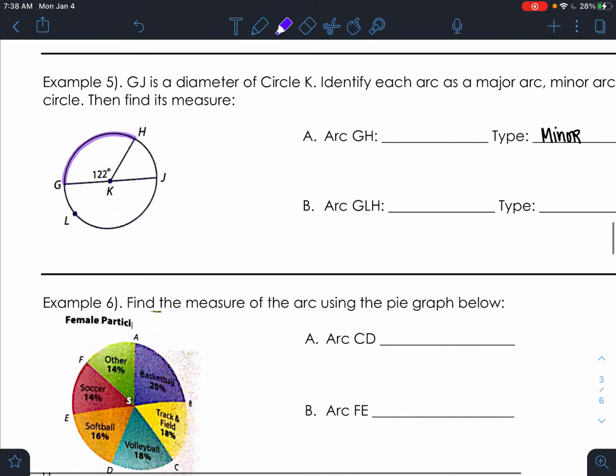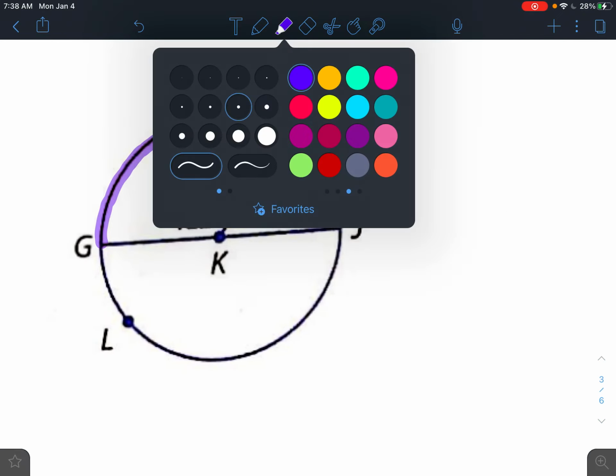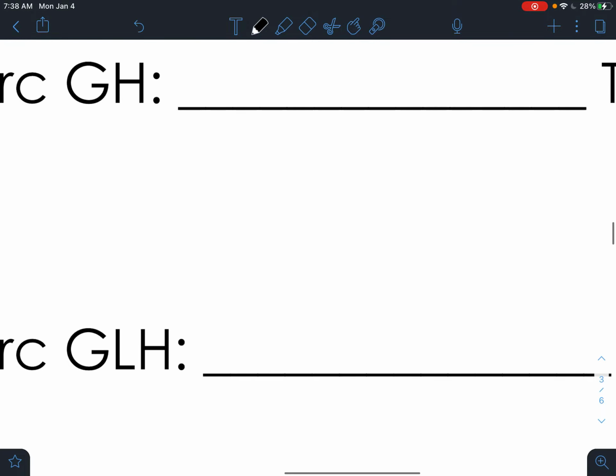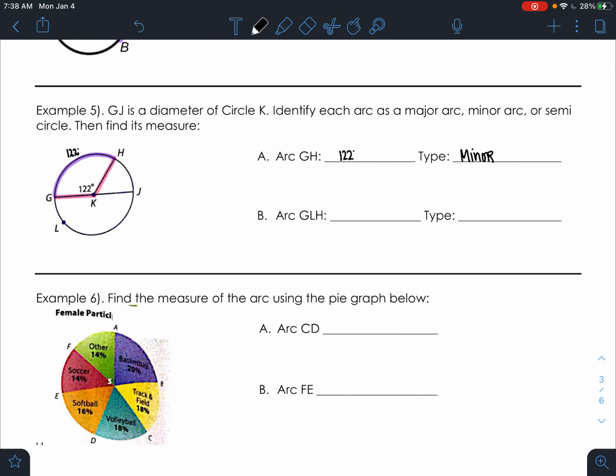So if you look at this example, this angle right here is the central angle, because it's coming from the center and the sides are radii, which means that if the measure of that central angle is 122 degrees, then the arc that it creates, which is GH, also has to be 122 degrees. So this arc also has to be 122 degrees. Okay?